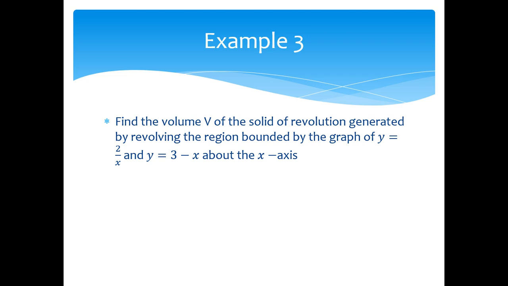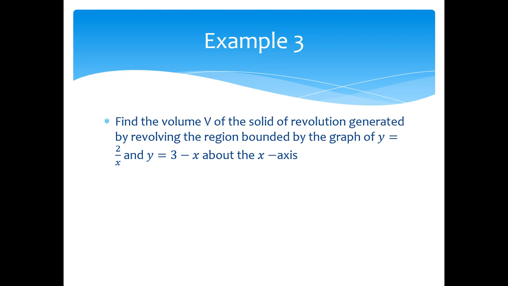To find the volume of a solid of revolution generated by revolving the region bounded by the graphs y equals 2 over x and y equals 3 minus x, first of all, we want to sketch these.